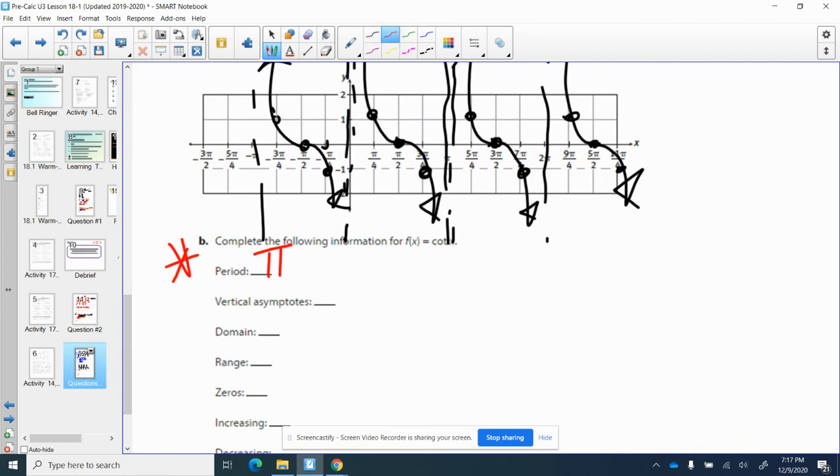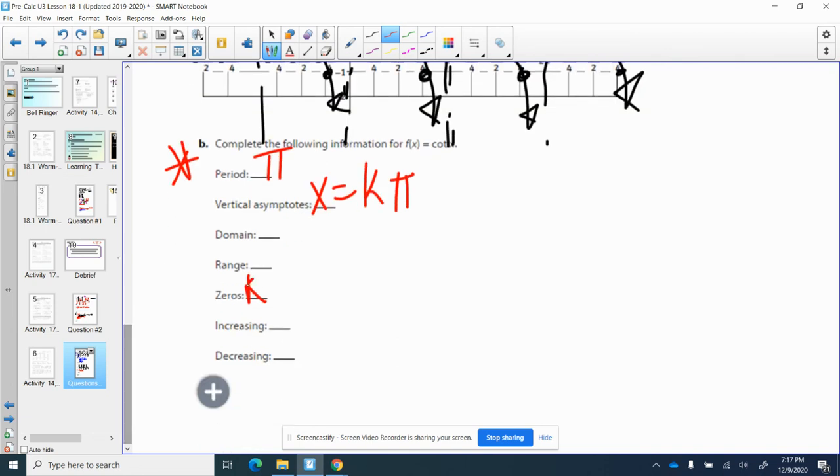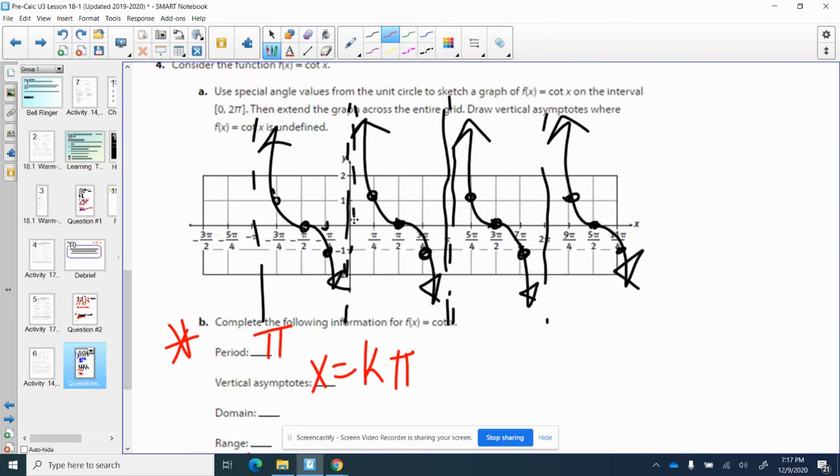It is pi. And this time our vertical asymptotes are occurring at the pi values, not the pi over 2, 3 pi over 2, not the fractional values, okay? And again, this time we're always decreasing each time.